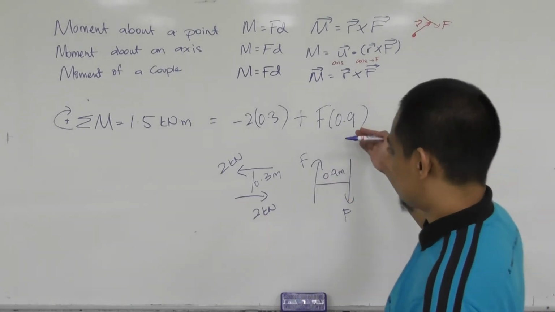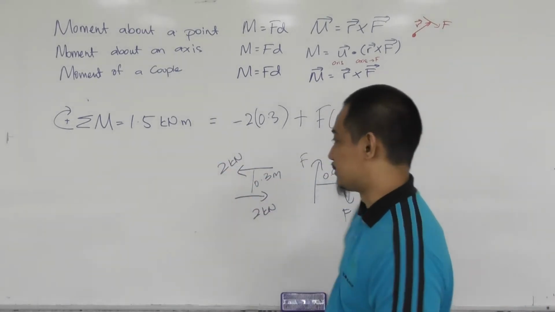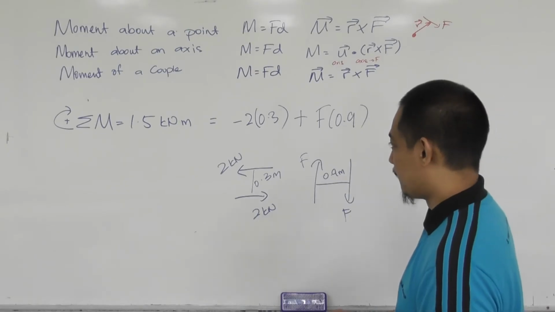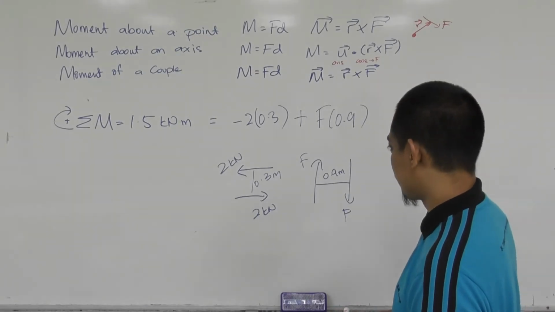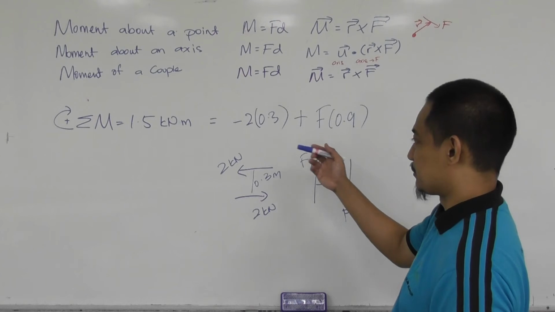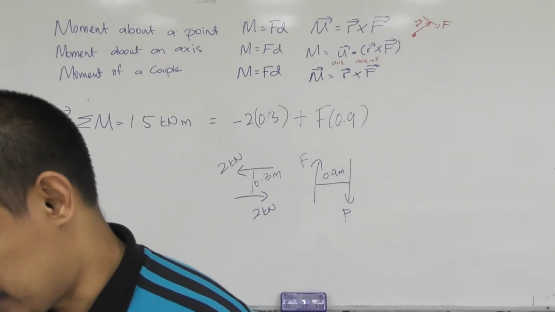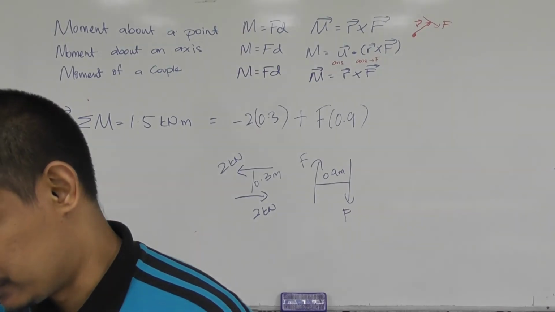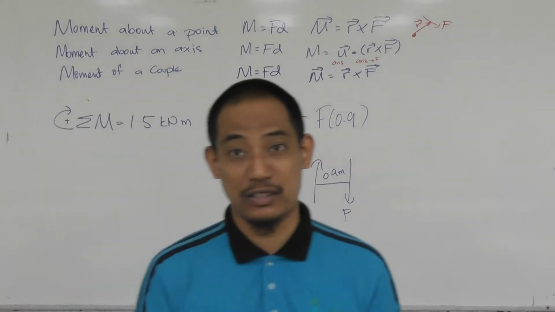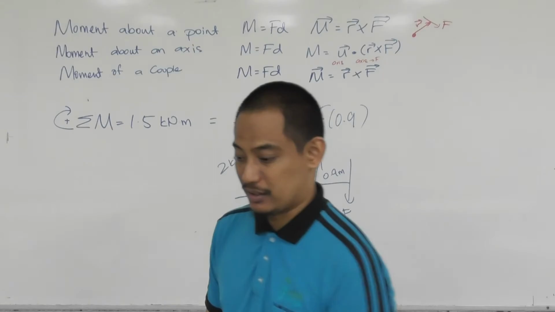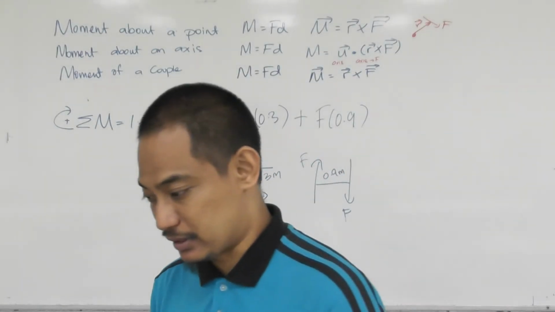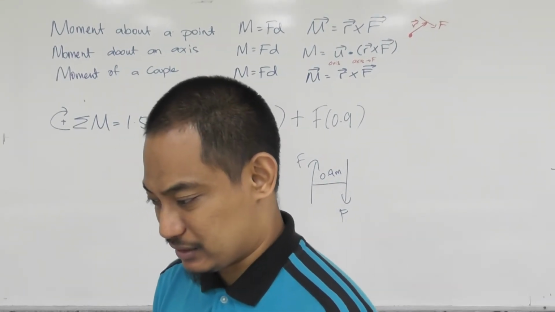Once you have this, it is an equation that you can solve straight away. So by this you can solve for F, and it should be the same as the slide. I'm just showing you the steps. You should be able to follow and see the result, and it should be the same as the slides there. Hopefully that is clear.